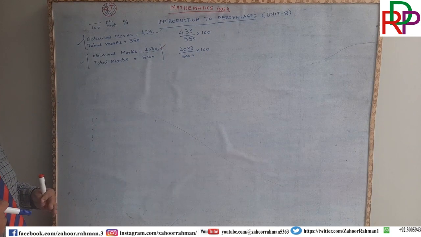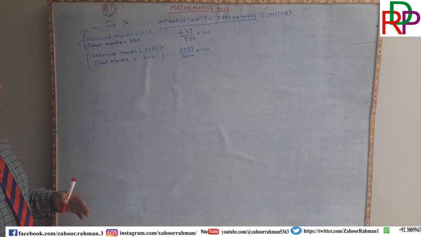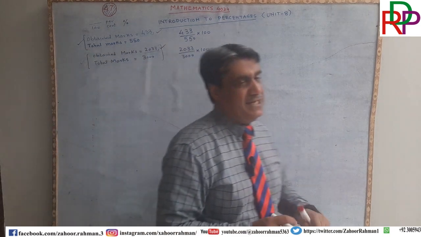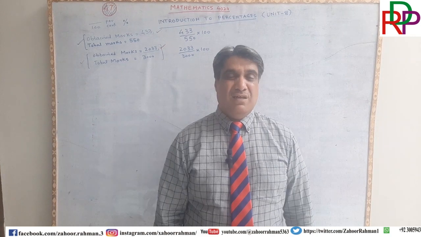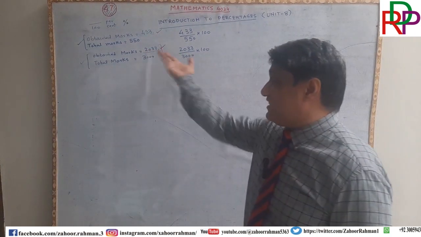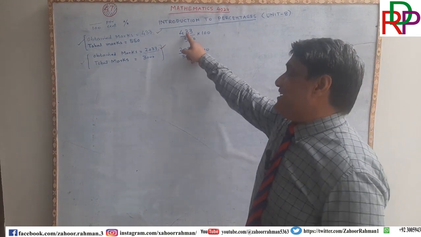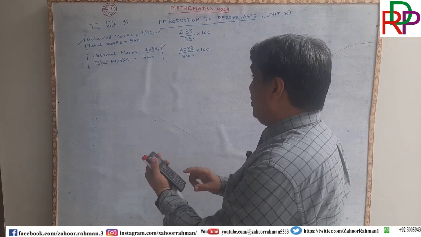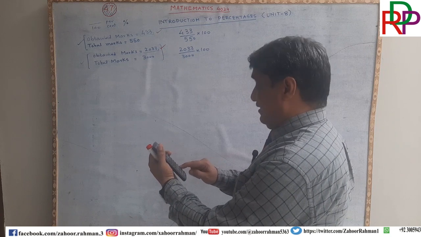Stay with me to clear your concept of percentages. We will discuss increase percentage, decrease percentage, and every aspect related to percentage. But let us first solve this fight. Who will take the advantage? Let us find how much he has taken in 100. So I will use a calculator for the time being.